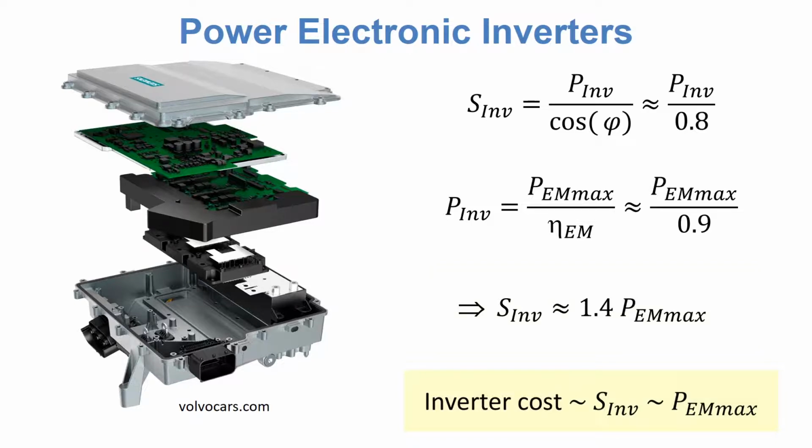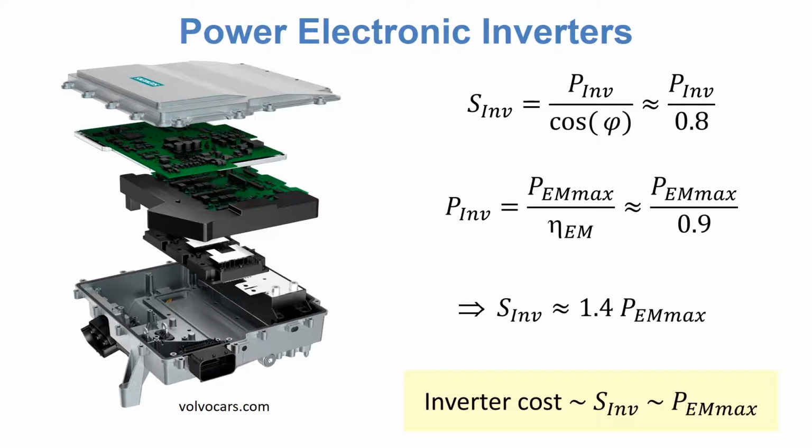So, the reason to limit the maximum power of the electric drive is not that it saves cost on the electric machine, because that cost is determined mainly by the machine's maximum torque and maximum speed. Instead, the reduced maximum power will save cost for the inverter.